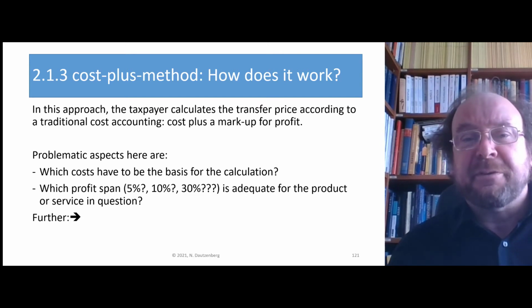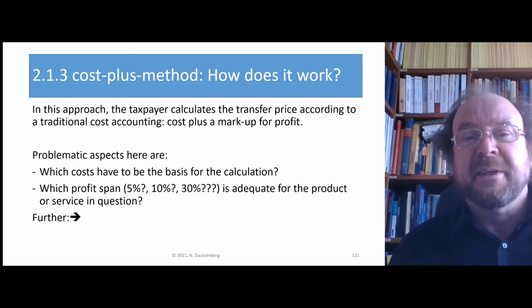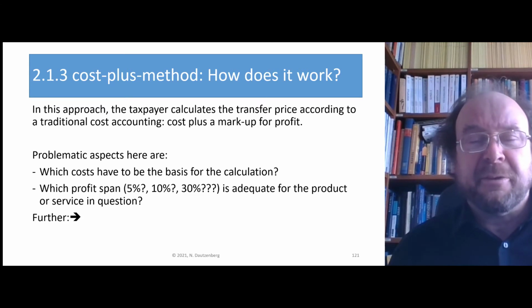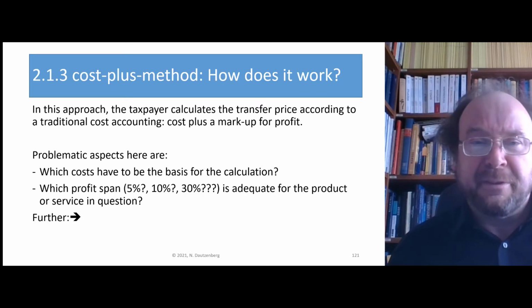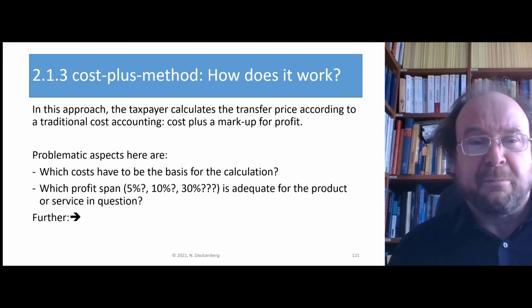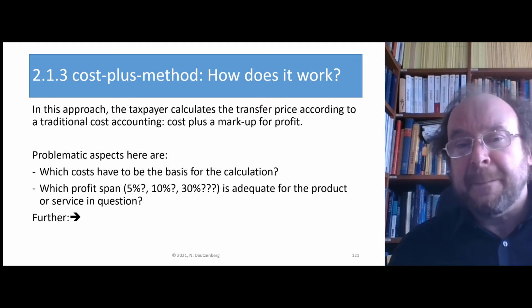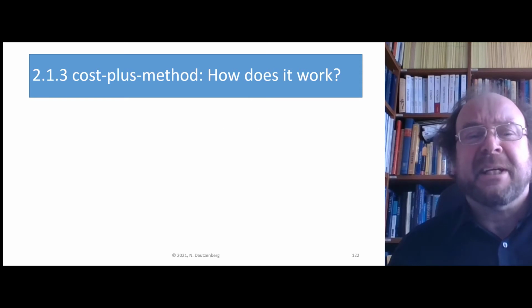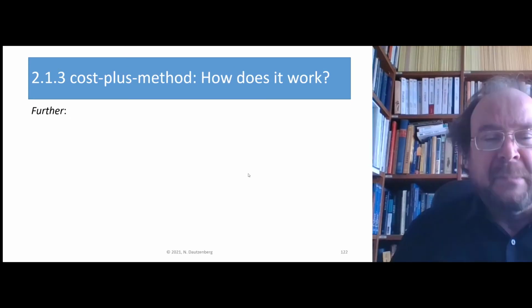Well, if you want to find out in your sector of economy what all your competitors have as profit span, congratulations, you will not get that information voluntarily. So you need statistics, which you probably don't have access to. You need to find that out from published financial reports if you can. That's rather an expert job. And you will get a wide range because naturally that will differ.